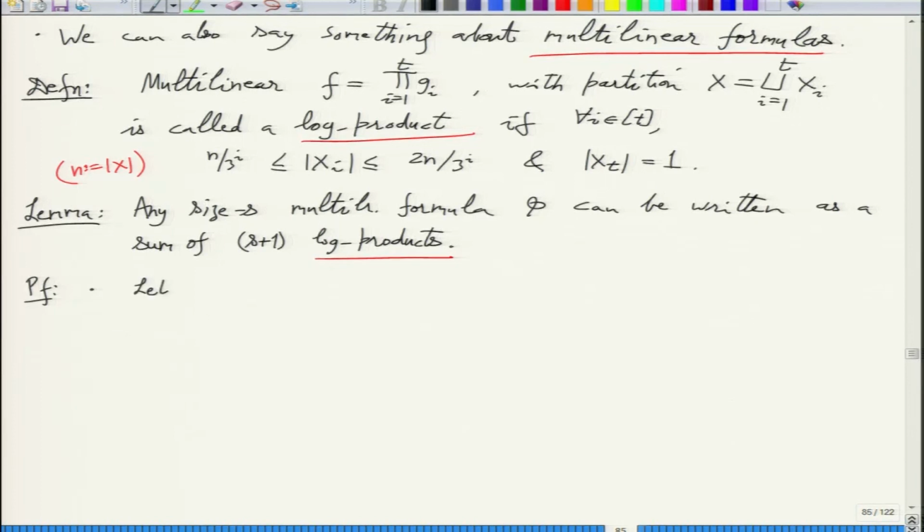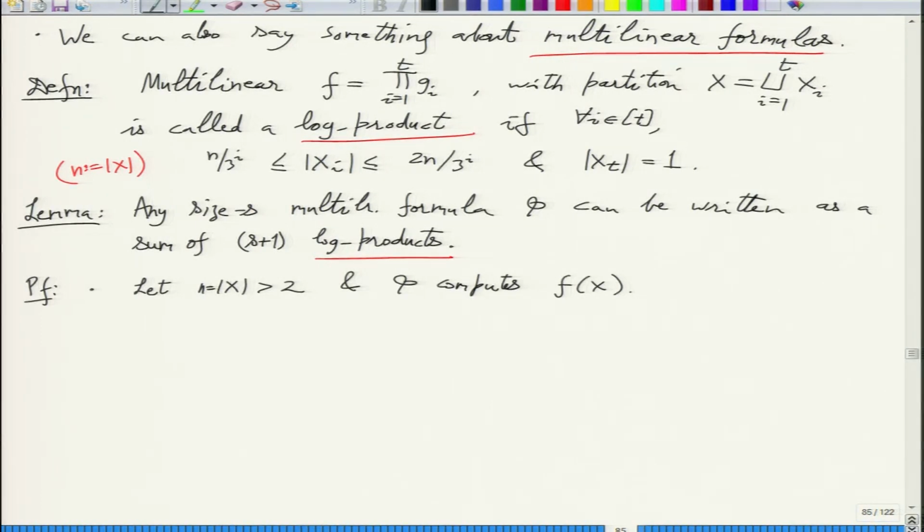So just for sanity, let n be moderately large, n should be at least 3, otherwise division by 3 will not make sense. And phi computes a polynomial f on the variable set x.